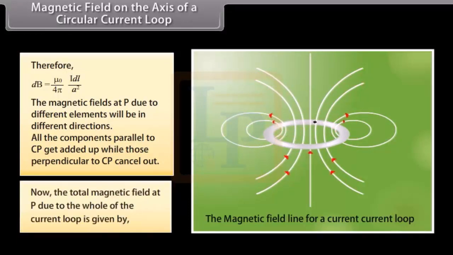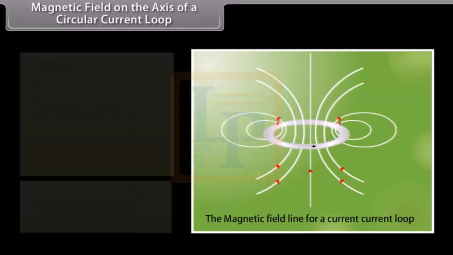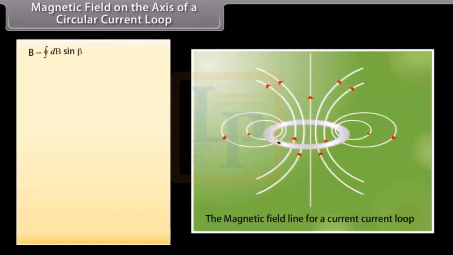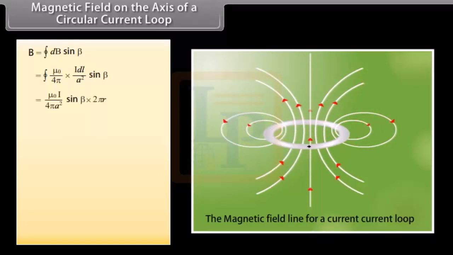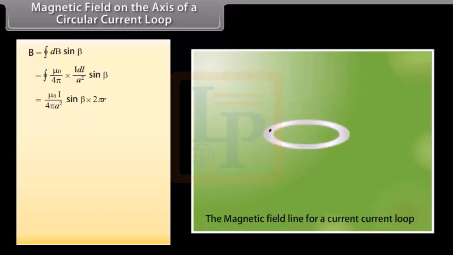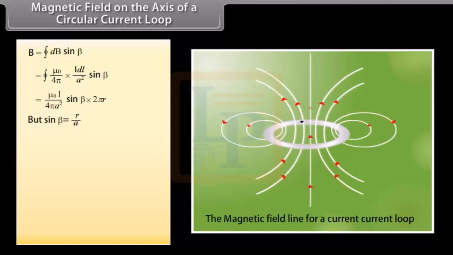Now the total magnetic field at P due to the whole of the current loop is given by closed integral of dB sin beta. By putting the values in this equation, we get the total magnetic field at P equal to mu naught I upon 4 pi a square multiplied by sin beta and 2 pi r. But sin beta is equal to r upon a.